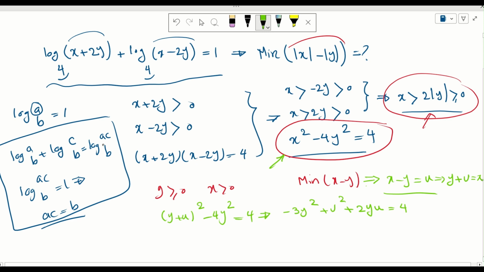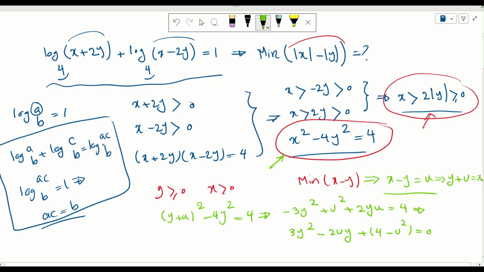Now if you take a look at what we have here, we can say that basically if we multiply both sides by negative 1, then we will have 3y squared minus 2uy plus 4 minus u squared equals 0.